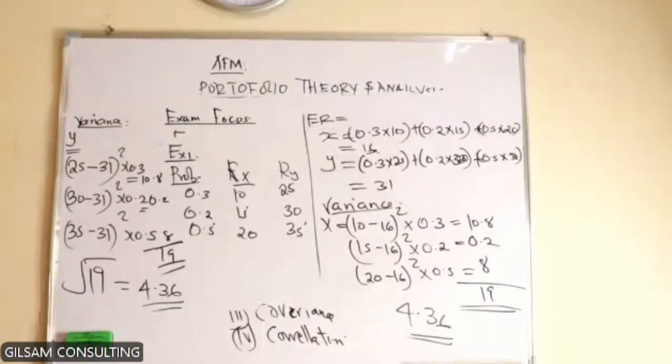62.37. Let's confirm this one. 9 minus 14.8 multiplied by 16 minus 13.3 squared multiplied. So kindly let me know if you have written. We do the covariance.